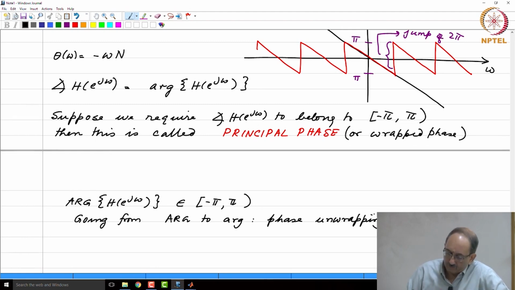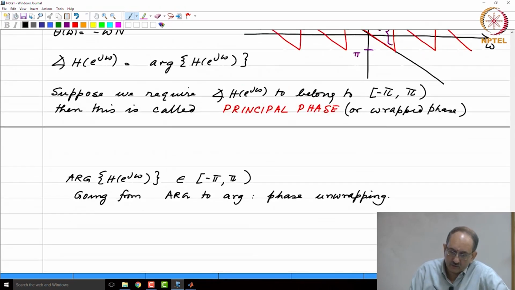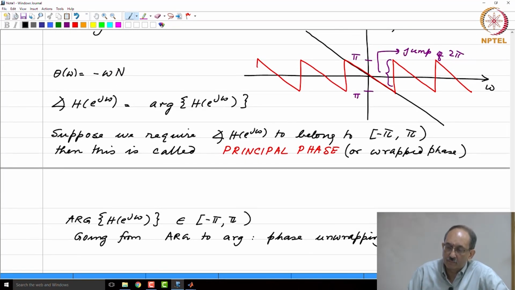All right. And this might seem very simple. All you need to do is add or subtract enough multiples of 2 pi so that the resulting curve is continuous. But the problem is not as simple as this, and there are research papers that have worked on this, because you could have some ambiguities in this problem.